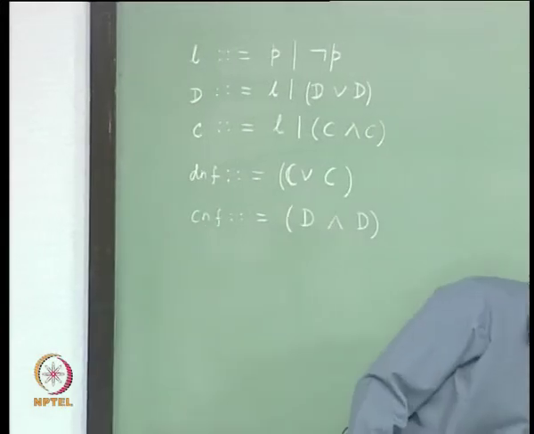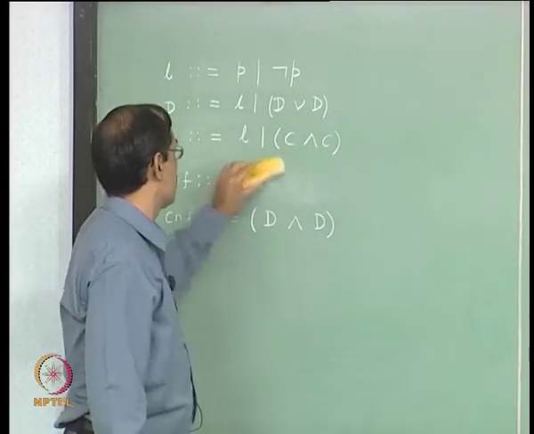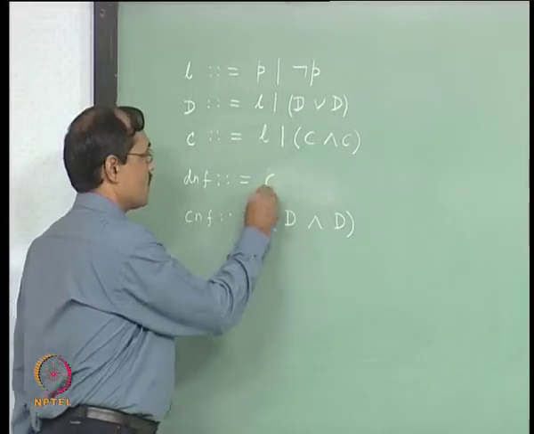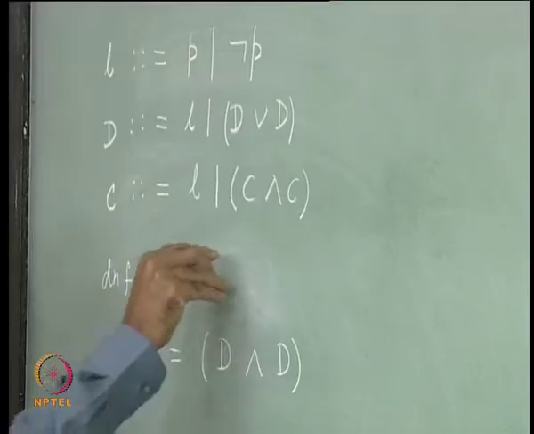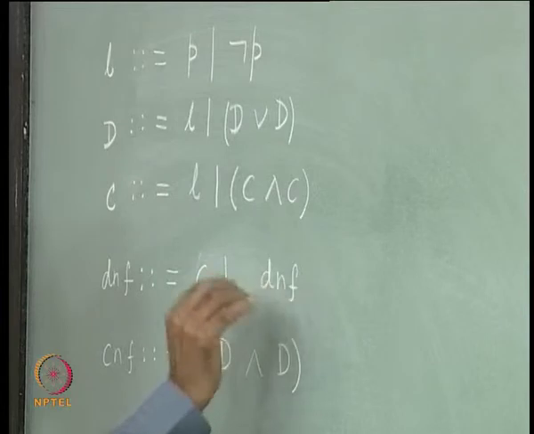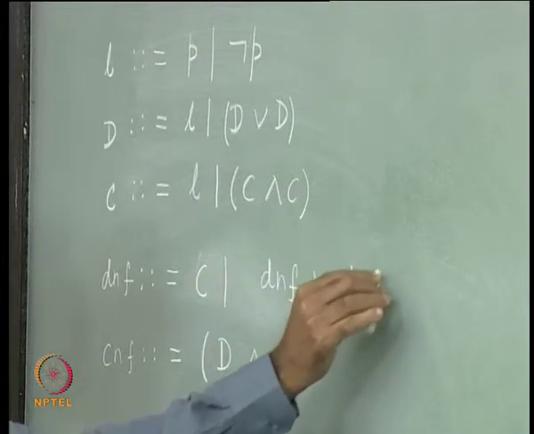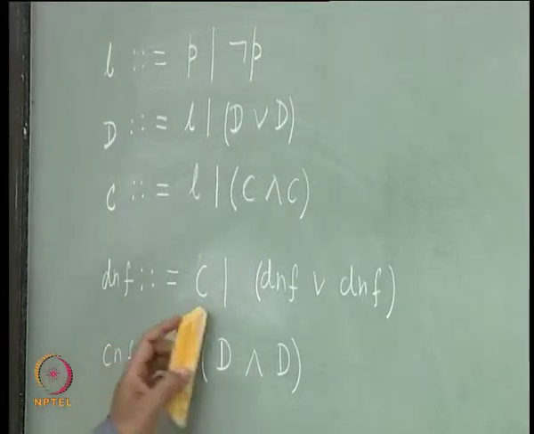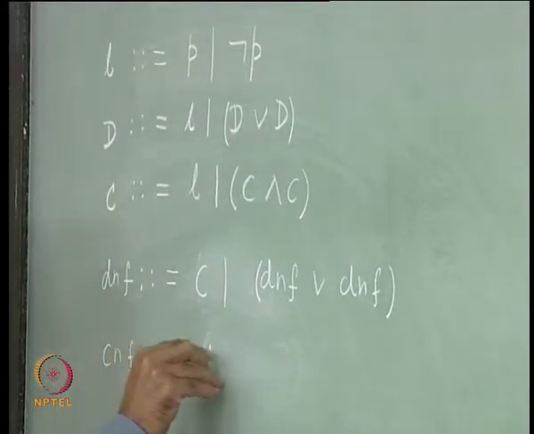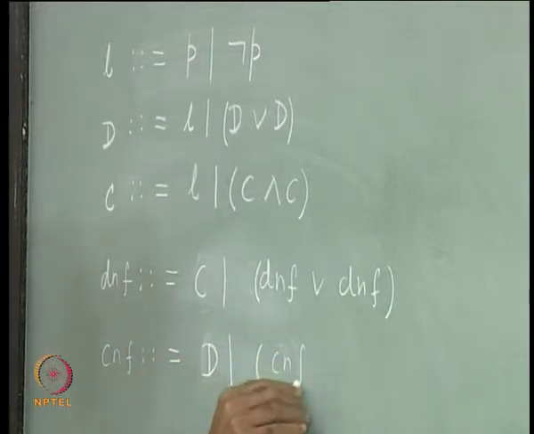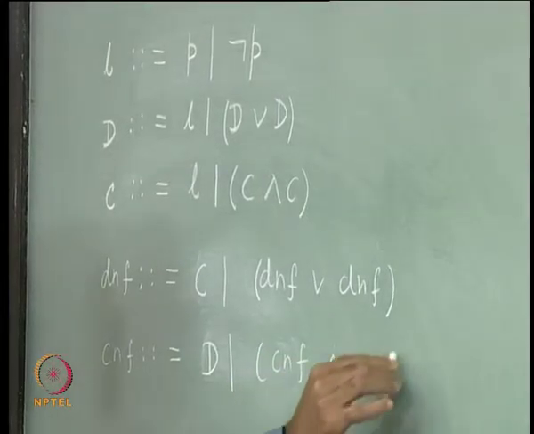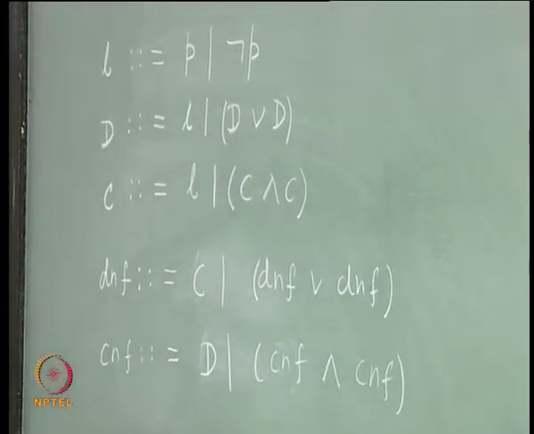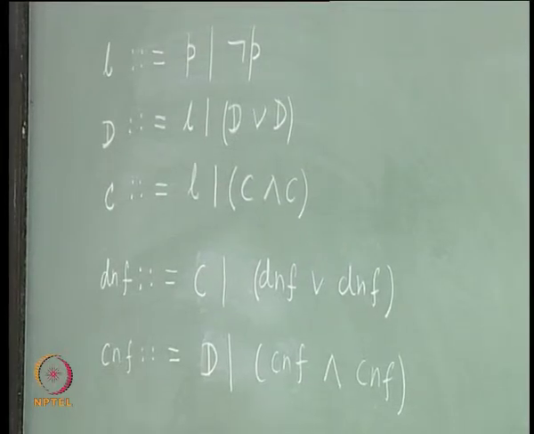So, we say that it can be a conjunctive clause or a DNF or another DNF. Okay. Similarly, here what we do? We say CNF can be a disjunctive clause or a CNF and a CNF.